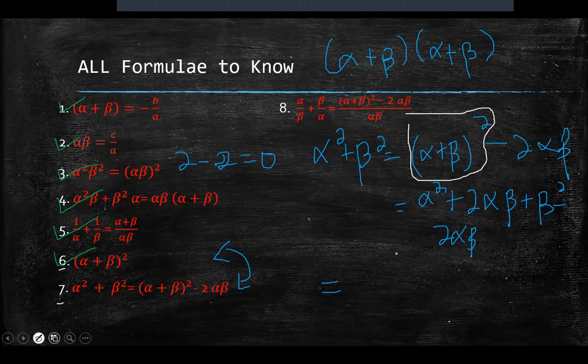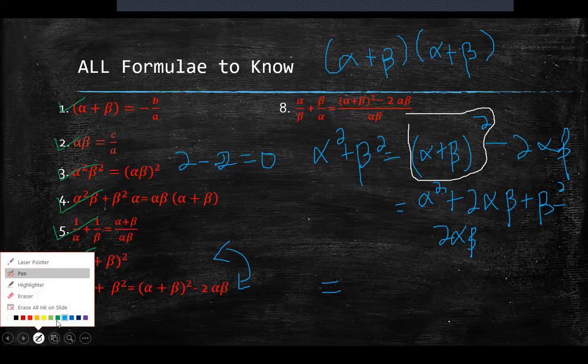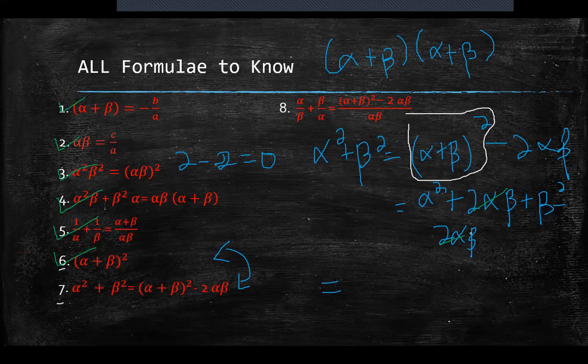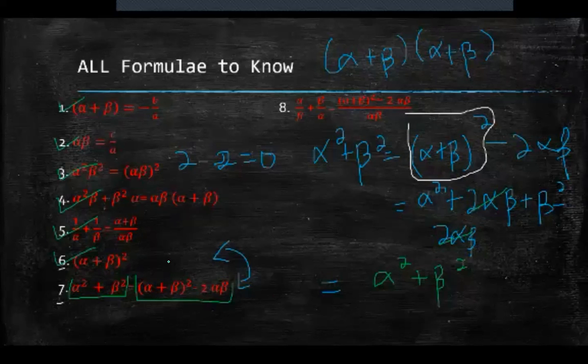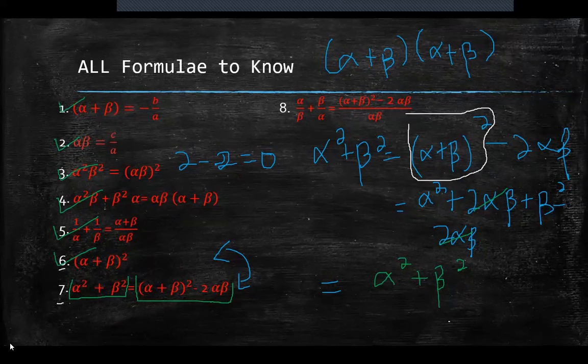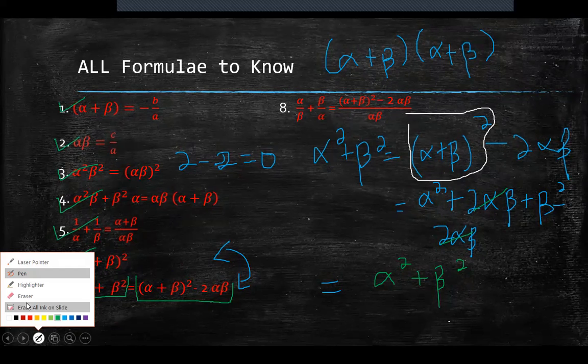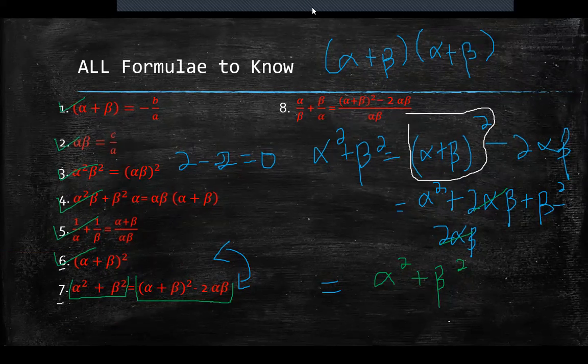So if I cancel these two, what would I remain with? Alpha squared plus beta squared. And that is how this is equal to this. Everybody good with that? If not, let me know, I'll explain it again. So everybody, because she's going to come off again, rejoin her.